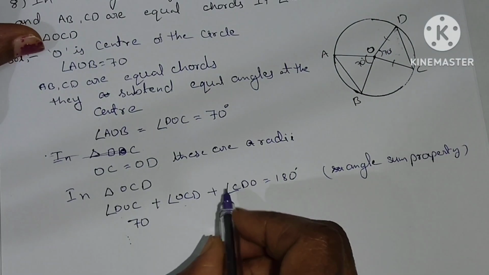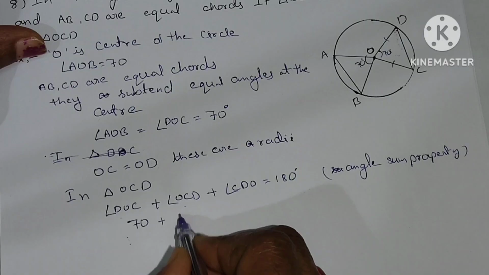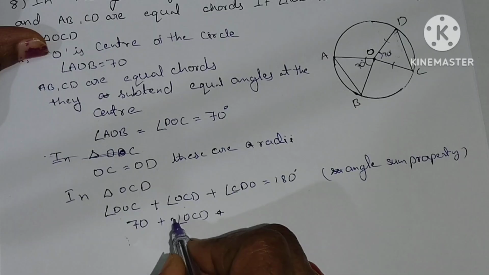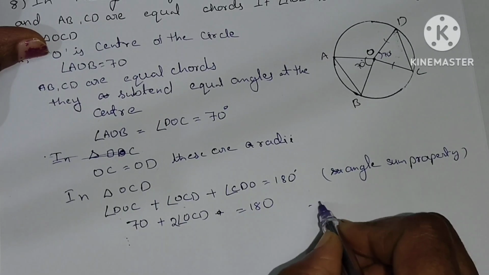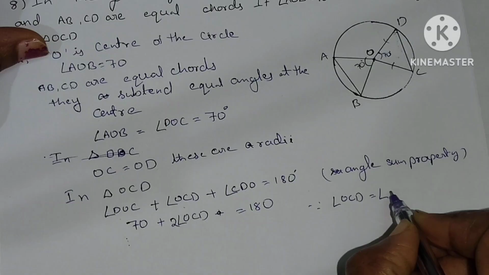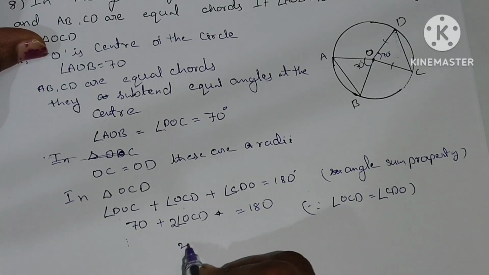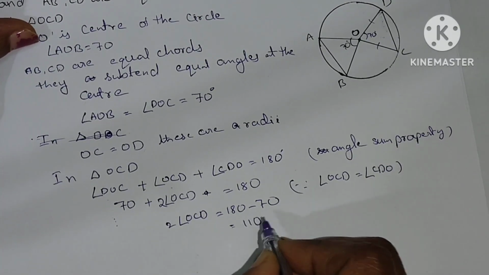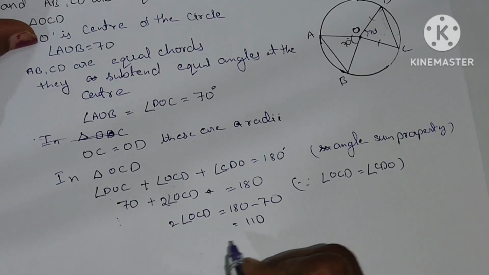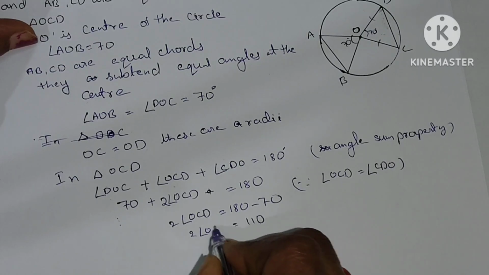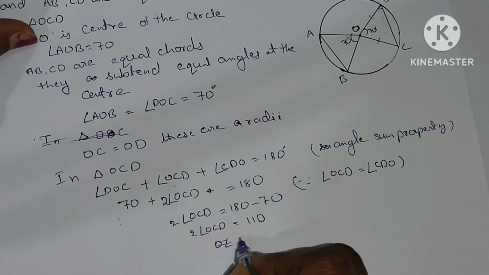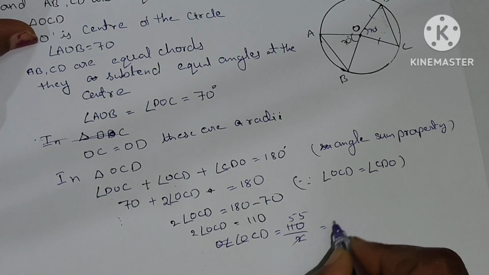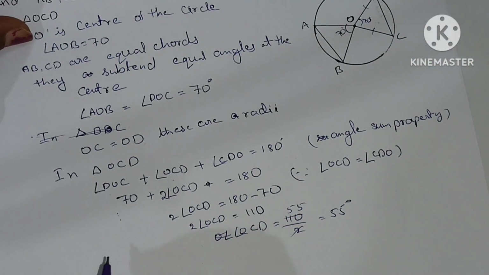We know DOC is 70. Since angle OCD equals angle CDO, we write 2 angle OCD equals 180 minus 70, which is 110. So angle OCD equals 110 by 2, which is 55 degrees. The other two angles are 55 degrees.